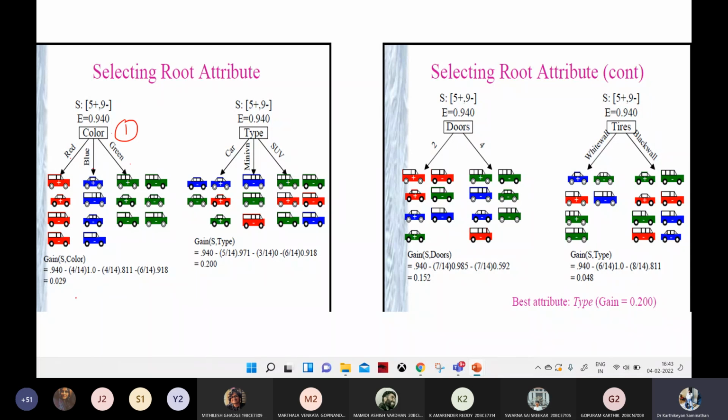So how do you find the entropy value? The total number of positives, see the plus is given: red has 1 plus, blue again 1 plus, and so on, totaling 5. Totally 5 positive hypotheses and 9 negative hypotheses.